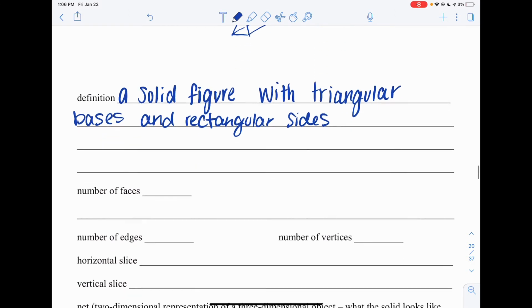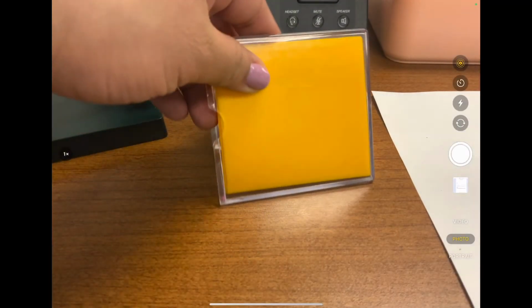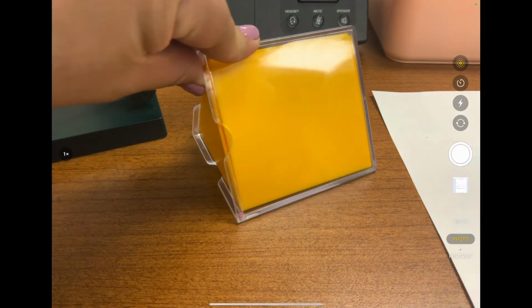Now, once again, we're going to do the same thing. We're looking at the number of faces, which are the flat surfaces on our three-dimensional shape, our edges, which is where two faces meet, and then we also have our vertices, okay? So let's go ahead and look at my three-dimensional shape. So switching over to my camera, I have my triangular prism.